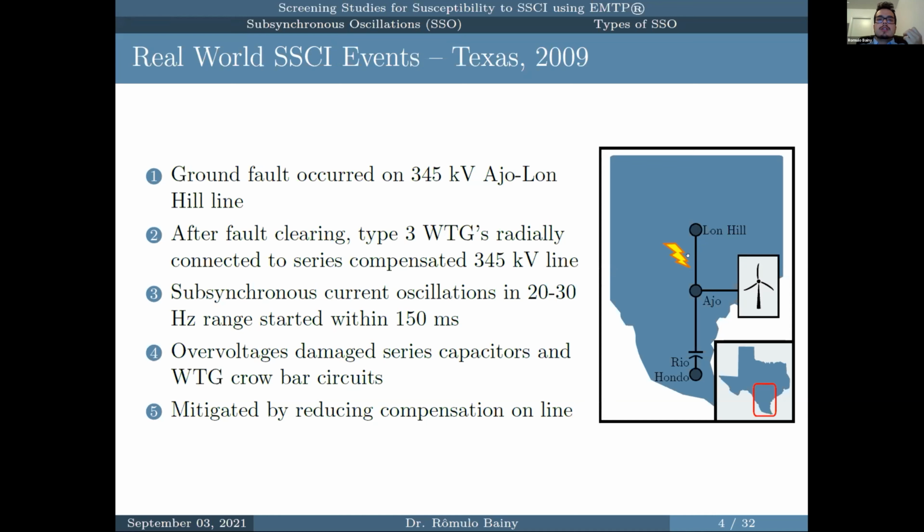Because this line was not connected anymore, we had this wind park radially connected through this line, which has series compensation. And here, 150 milliseconds after this line was removed from the system and the fault isolated, subsynchronous oscillations were identified in the range of 20 to 30 hertz. And the way that this was fixed for this system is that the series compensation of this line was reduced.